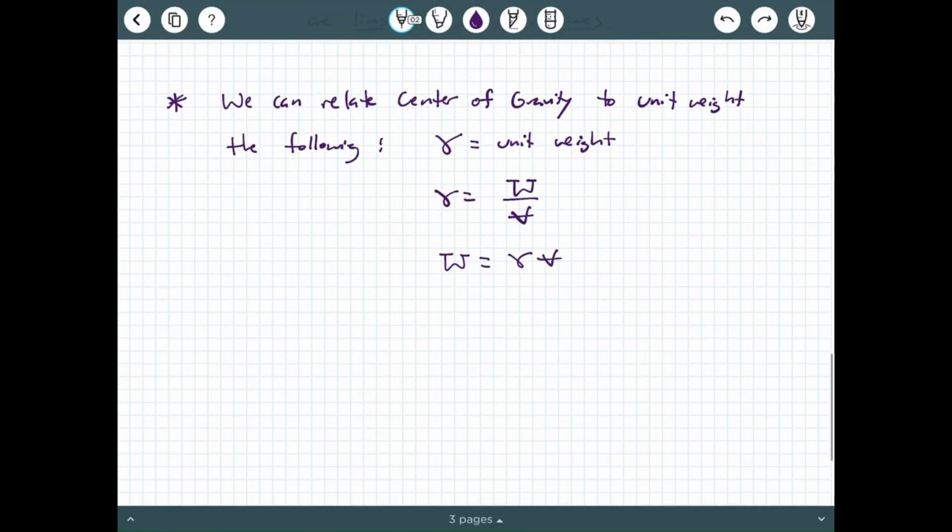And then similarly, we can relate center of mass to density by the following.